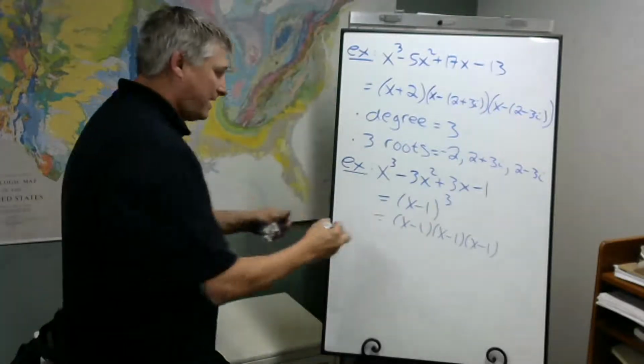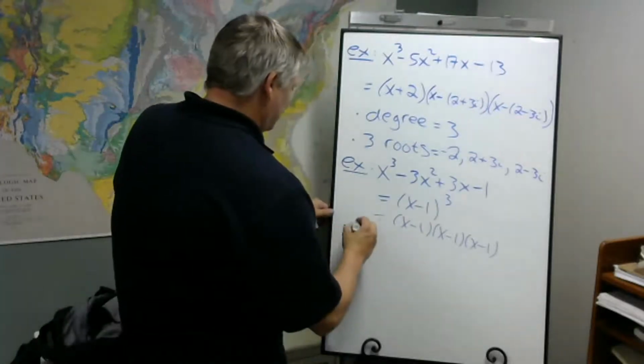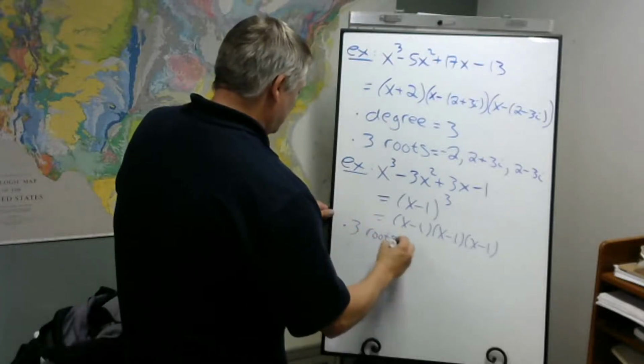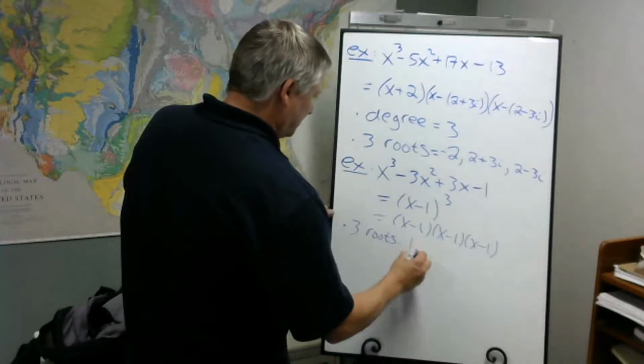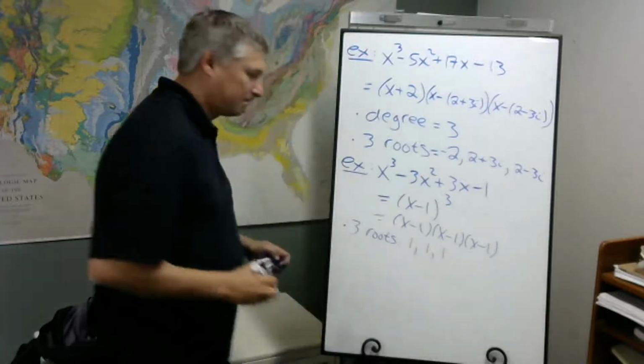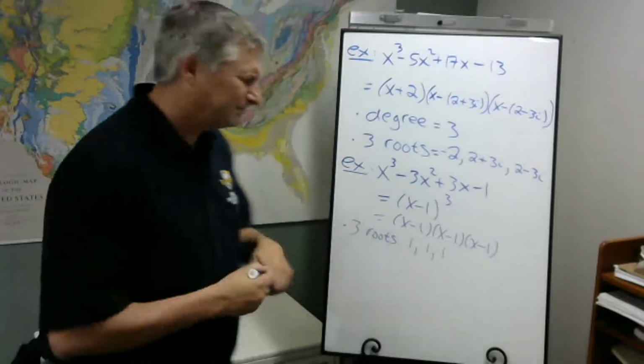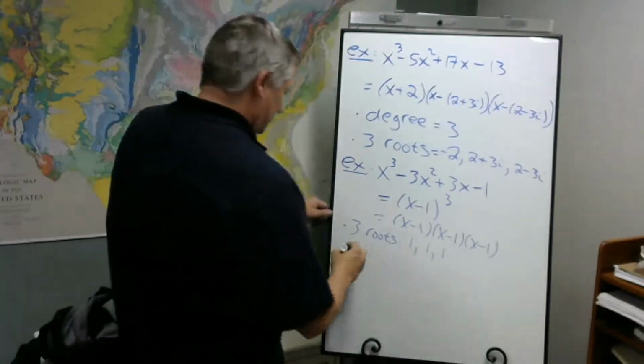Now you could say this. You could say for the roots, they're 1, 1, and 1. So 3 ones would be your 3 roots. Or you'll see it like this.